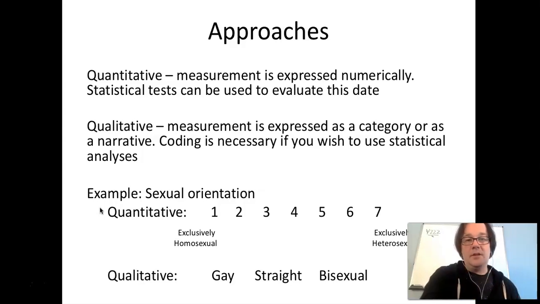But even in how we ask a question, we can measure things on scales, or we can measure them categorically. So something like sexual orientation, traditionally it was measured qualitatively. The standard three were pretty much how sexual orientation was measured for a long time, even after Kinsey.